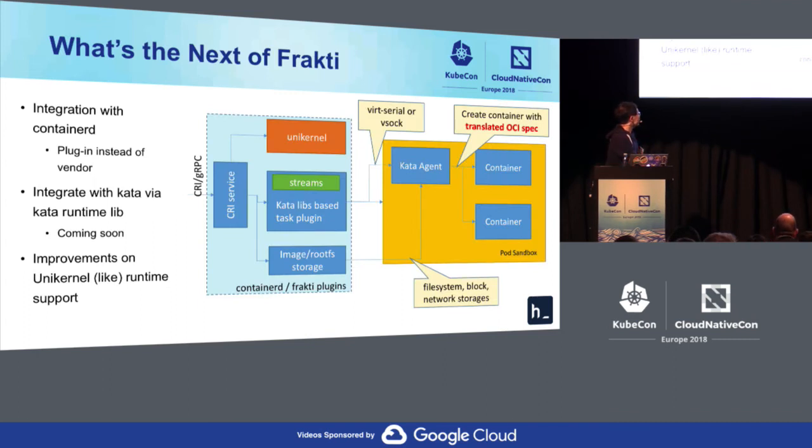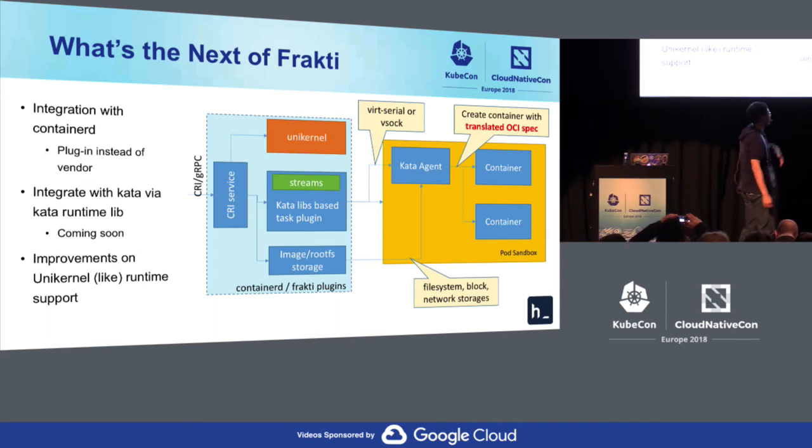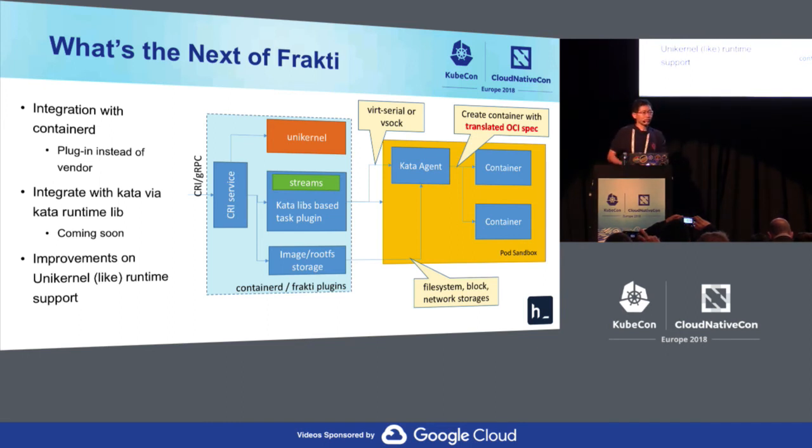As for the next step of Frakti, we will first try to make the Kata part become a plugin for containerd. We just try to avoid splitting the community into different parts. We want to share more parts with other projects, and we don't need too many implementations for the same things.